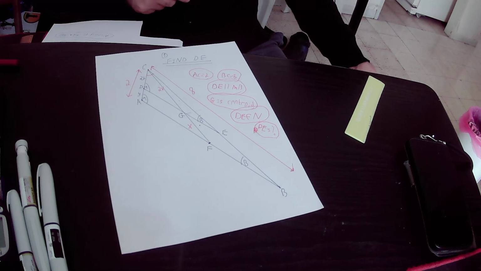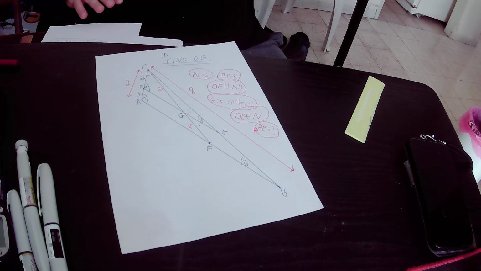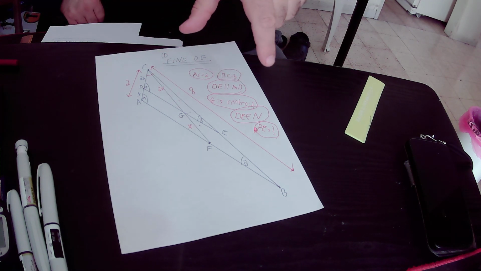Okay, and then we have another rule that states that corresponding angles between parallel lines are equal to each other. We know that DE is parallel to AB.